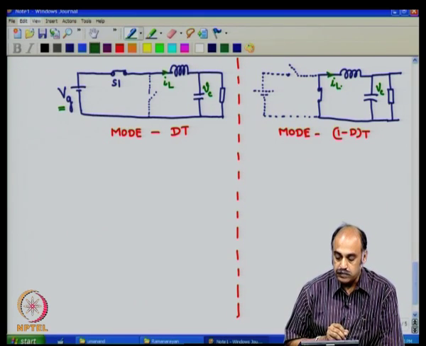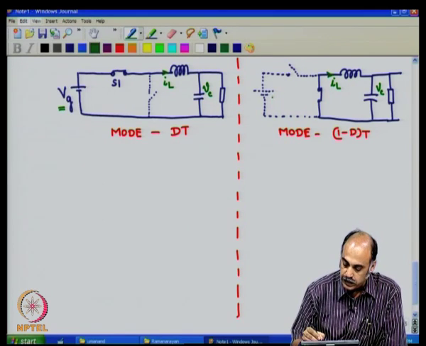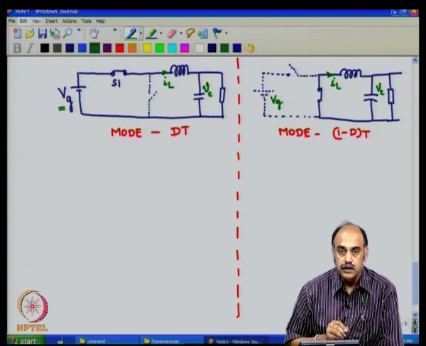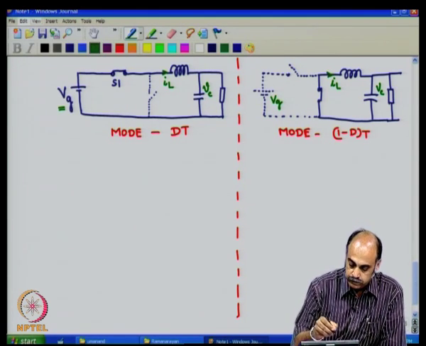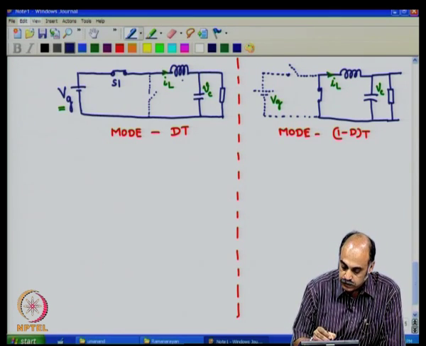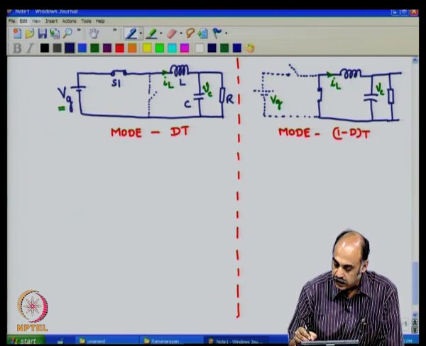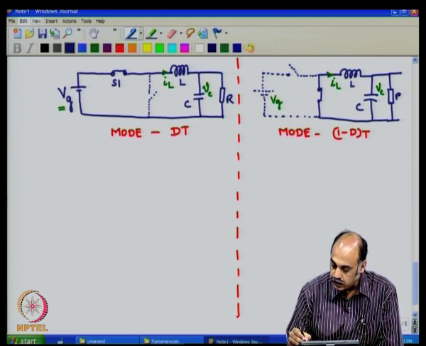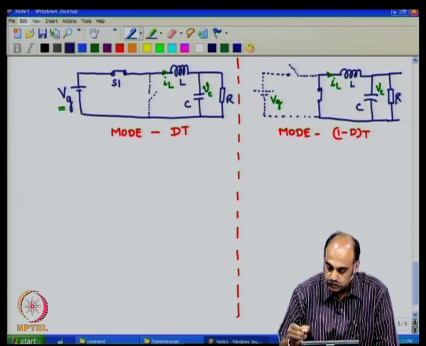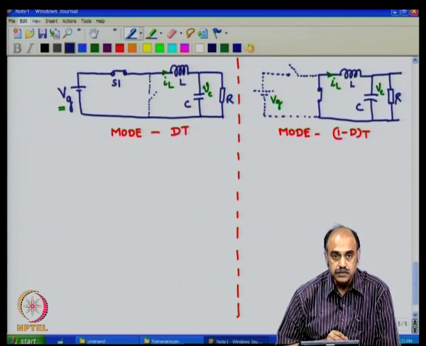These are the two state variables. Vg of course is 0 here, it is not connected, but anyway we shall write in the variable. And then the list of parameters: you have L, C, R in both the cases. Now, we are ready to write down the equations.